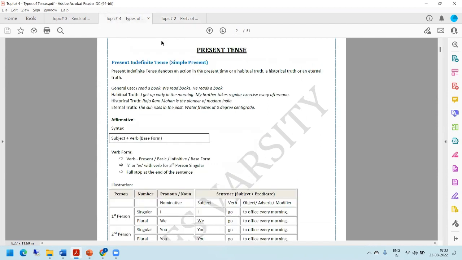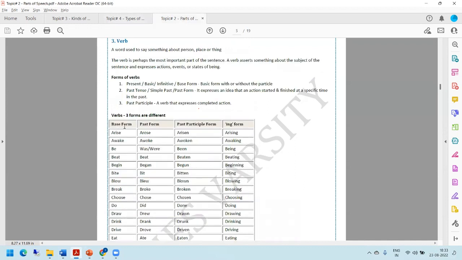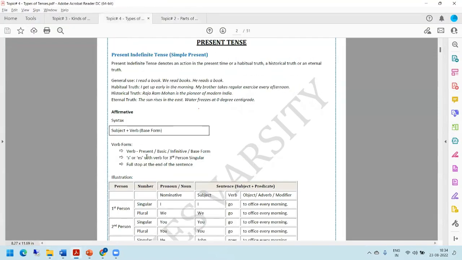Now go here. The verb form is called present form, basic form, indefinite form, or base form. Different terms we are using, right? It is called base form, present form, basic form, infinitive form. So here the verb is used in the base form.